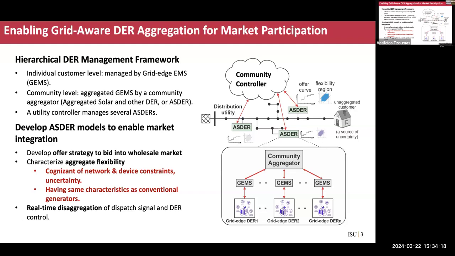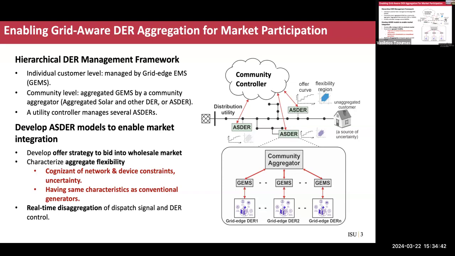We call these the grid edge management systems. They basically measure and control each end user. Those end users are then aggregated by some community aggregator.